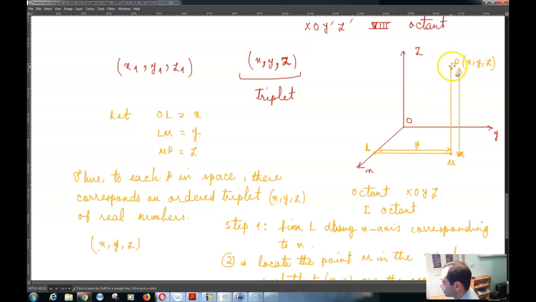And then the point P so obtained is going to have the coordinates X, Y, and Z. Thus there is a one-to-one correspondence between the points in space and ordered triplet XYZ of real numbers. So this sentence is important.